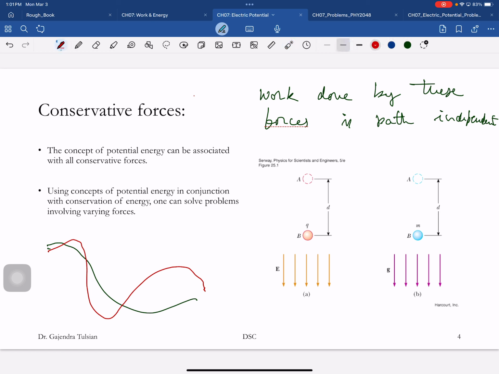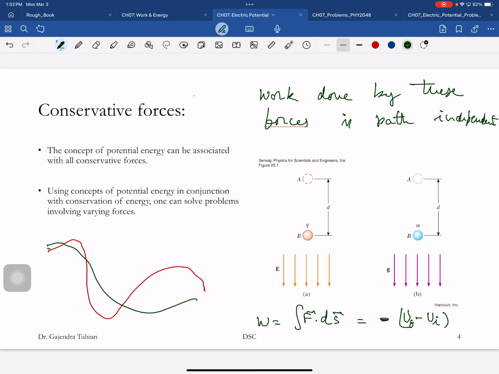So with conservative forces, you can associate the concept of potential energy. Again, the work done by conservative forces is the difference in potential energy, and we use a negative sign for convenience. Only with conservative forces can you do that.